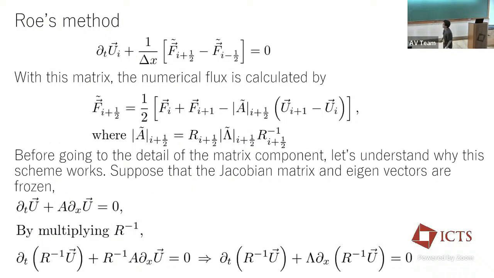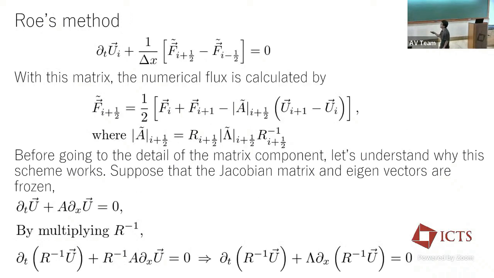So the Roe scheme is given like this. Here is a finite volume expression, and the numerical flux is given by the flux at the grid index i and the flux at the cell i+1 times this correction term. And this correction term, the absolute value of A tilde, is given by the right eigenvector, the diagonal matrix, and the left eigenvector, right?